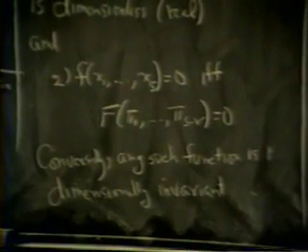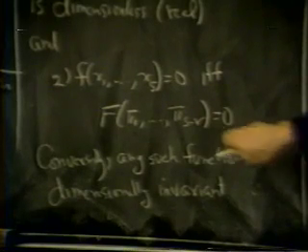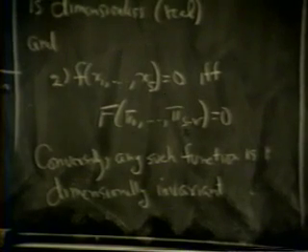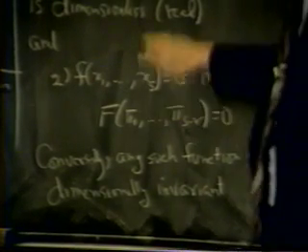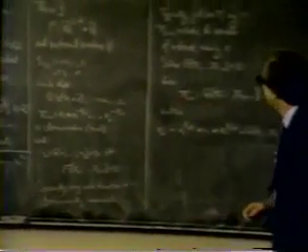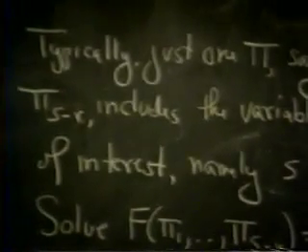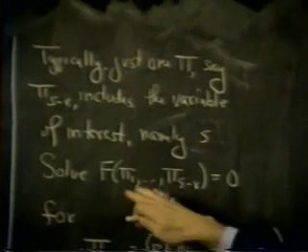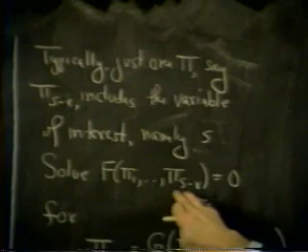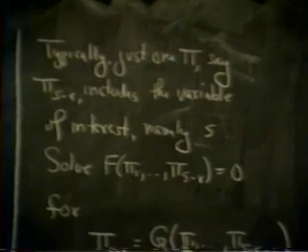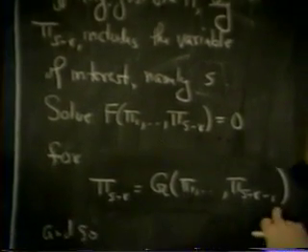And let me, with no loss of generality, assume that it occurs in the last one, and indeed that the variable I'm interested in is the one subscripted S. So I can solve this equation for the last component. That is, if things are monotonic in F, I can solve for pi of S minus R as a function of the remaining pi's, 1 through S minus R minus 1.